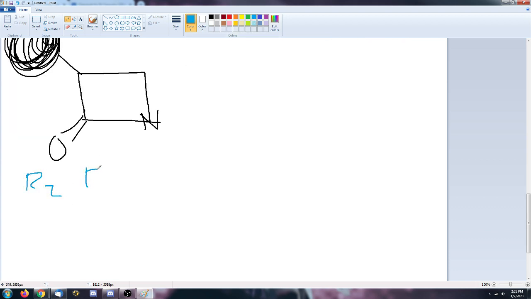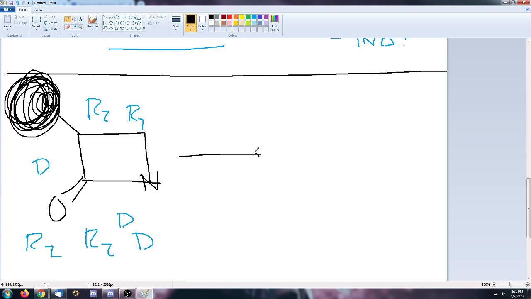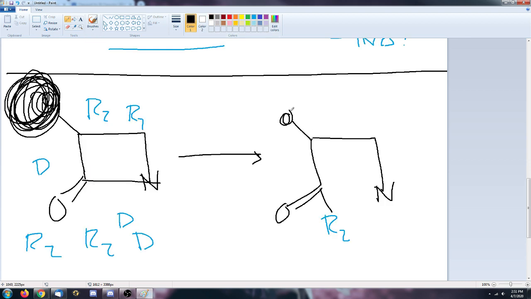Remember, they still have the R2s. They've still evolved to have the dummy enzymes, but we've created this analog, and you can imagine it does exactly what it did in the first place, which is to grab the R2s. For whatever reason, this little chain over here allows us to detect the R2 versus the dummy enzyme.